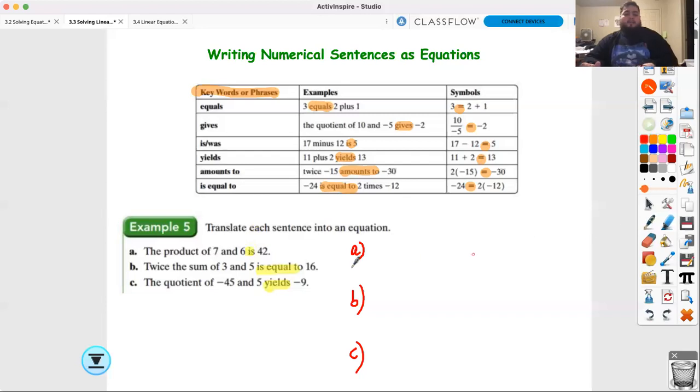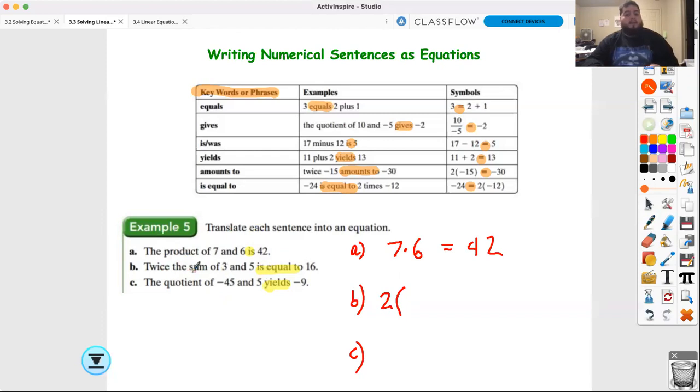So let's write, so I'm gonna write the equal sign, right? So the product of 7 and 6, product is 7 times 6 is 42. We're done with A. B, twice the sum, so it's twice the sum, right?